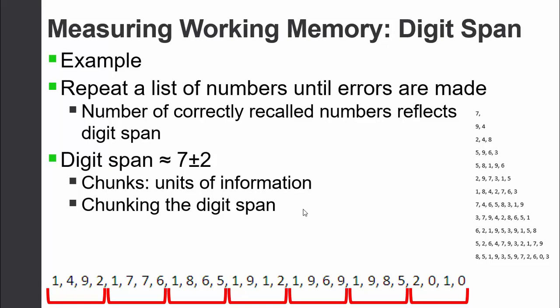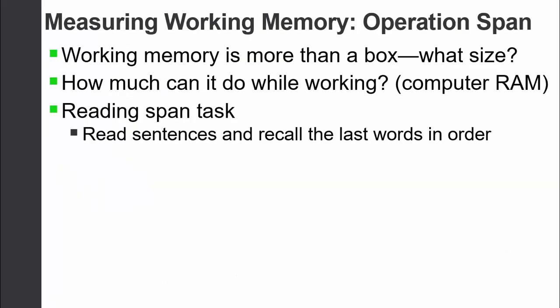So Miller's 7 plus or minus 2, the key thing to keep in mind here is it's not necessarily the number of numbers, but really the chunks of information that are important. Now, one of the problems with the digit span task, and also one of these bigger issues that we've been talking about of the difference between short-term and working memory, is that as cognitive scientists thought about how we use this short-term working memory, they realized that we don't really just use it as a box, right?